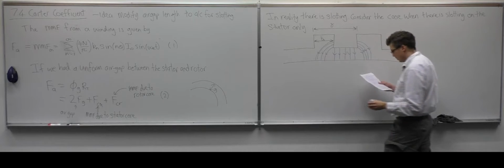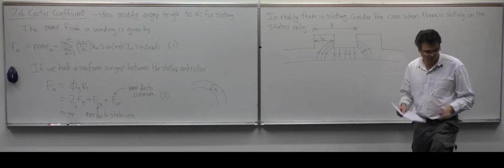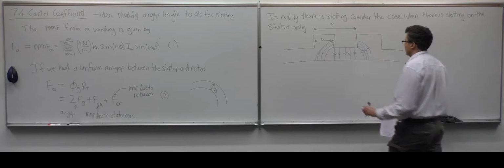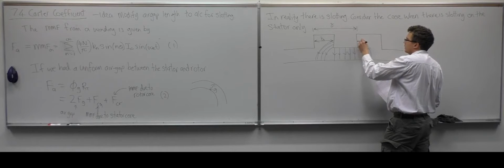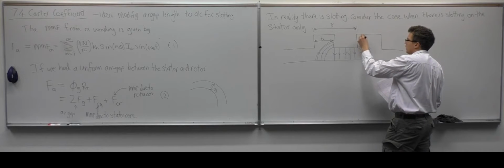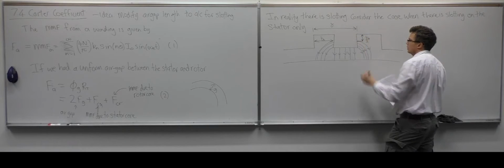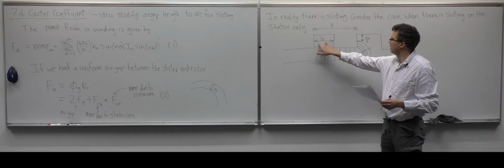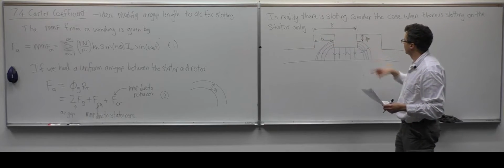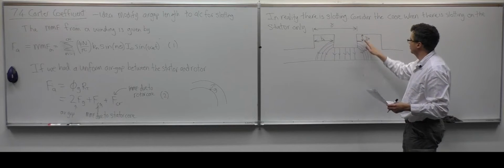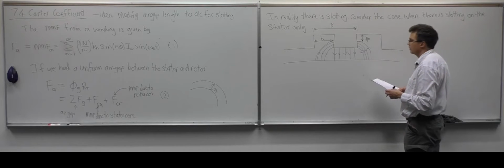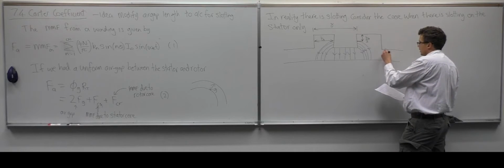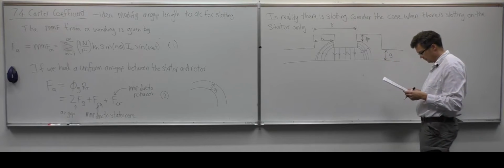So now let's assume that the field only comes out the sides when this distance here is equal to B0 over 2, so half of the width. So we're assuming no flux flows if it's above that point, which seems relatively reasonable. And so this here is the air gap G.